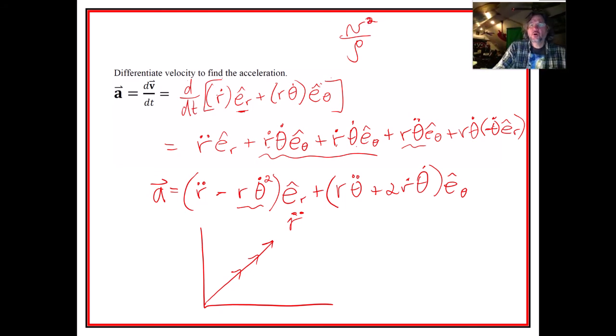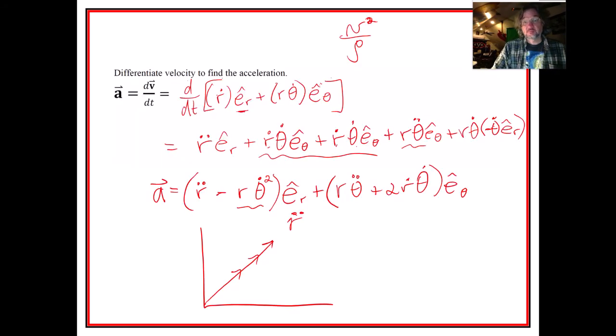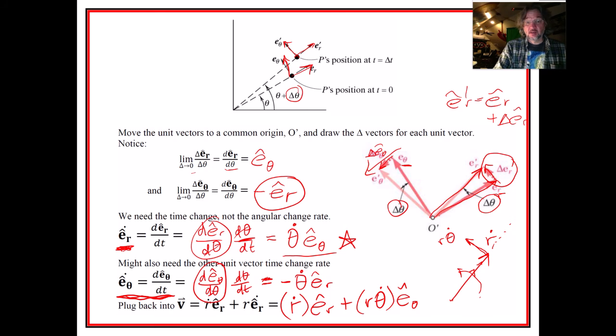Another way that you could find this: remember that the velocity is tangent to the path. If it's a circular path, here is the velocity. If r doesn't change, the velocity tangent to the circular path is r theta dot.